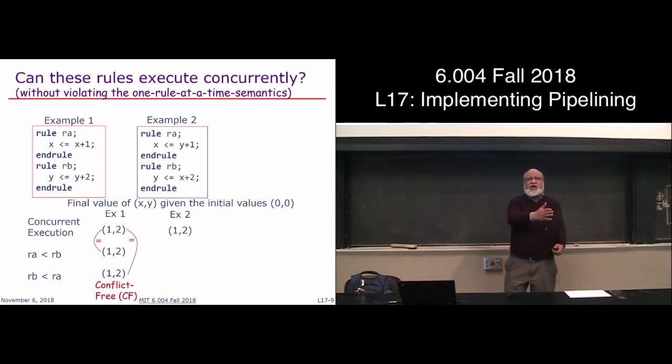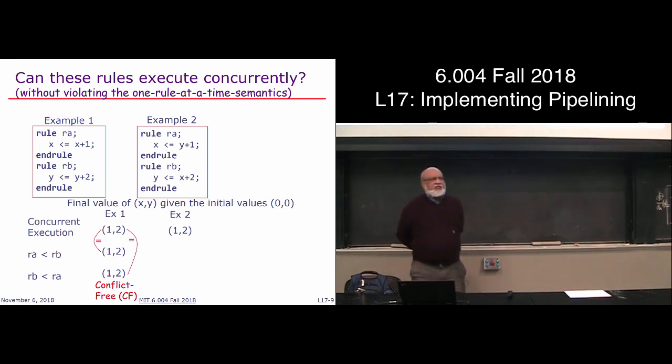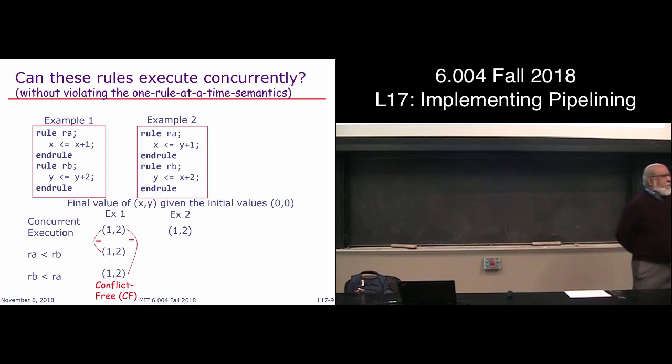Now do RA first and then do RB. RA first and then RB. RA will produce 1, 2, and then RB, now that state is visible to RB.